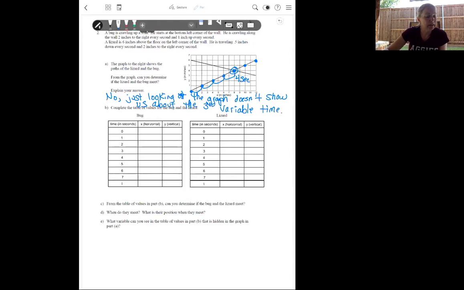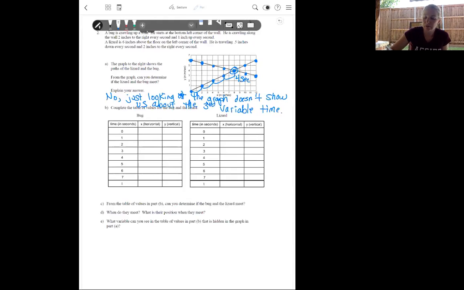Now the lizard. Lizard starts 6 inches above the floor on the left corner of the wall, here. And the lizard goes down ½ of an inch and 2 inches to the right every second. So down half over 2, down half over 2, and continuing throughout.